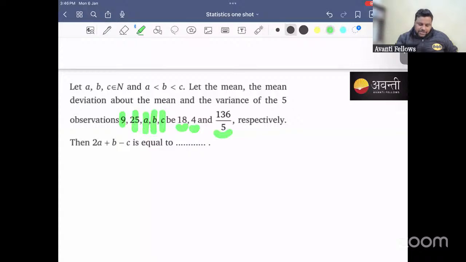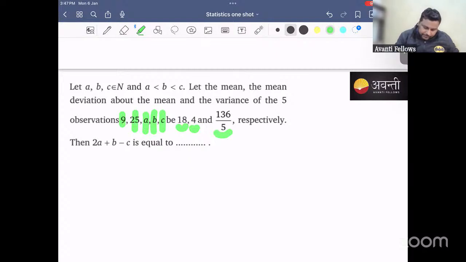Mean, you know, 9 plus 25 plus a plus b plus c by 5 is basically 18. That is one relation in a, b, c. Then mean deviation about the mean you are also aware of. And then the variance formula: mean of squares minus mean square is variance. Now see, how do I do this question?